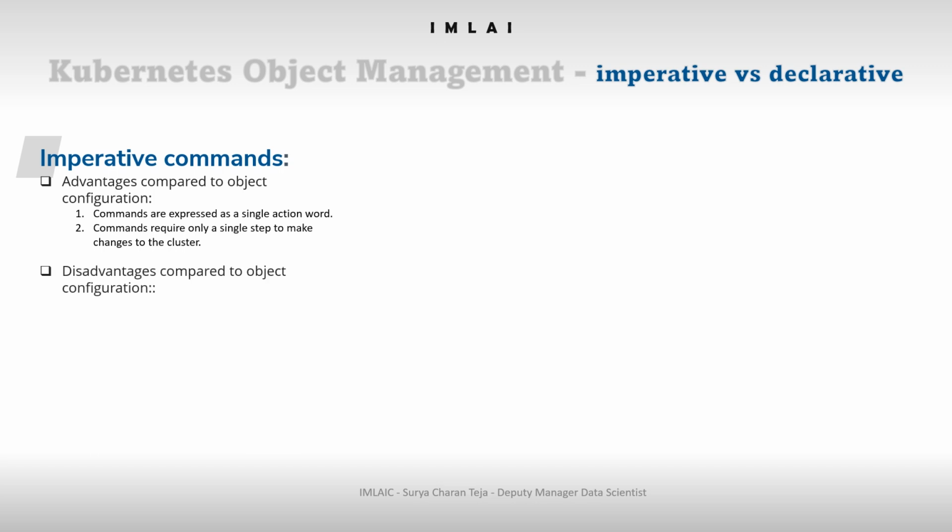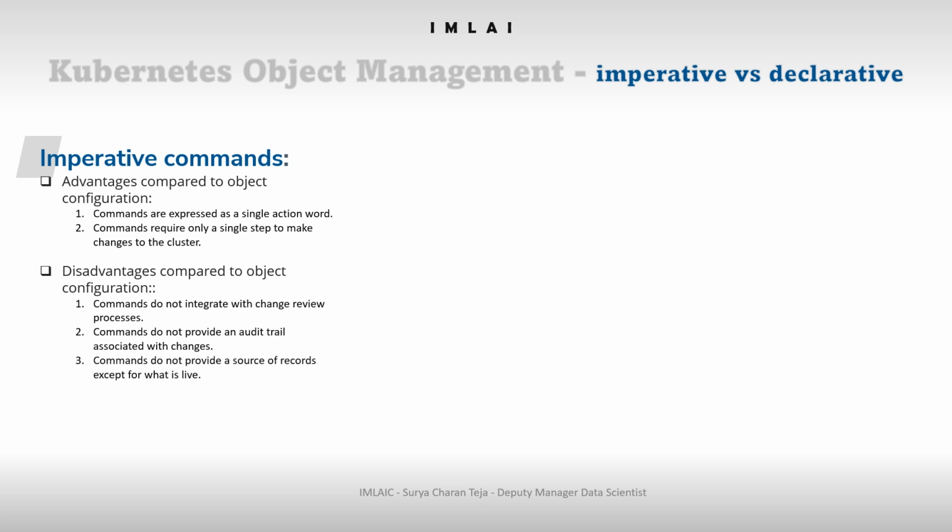Disadvantages compared to object configuration. Commands do not integrate with the change review processes. Commands do not provide an audit trail associated with changes. And one more disadvantage is commands do not provide a source of records except for what is live. And commands do not provide a template for creating new objects.